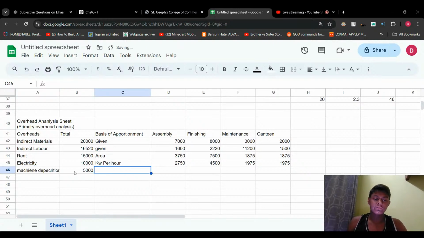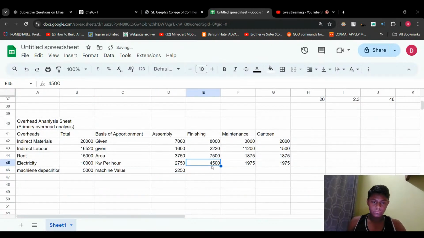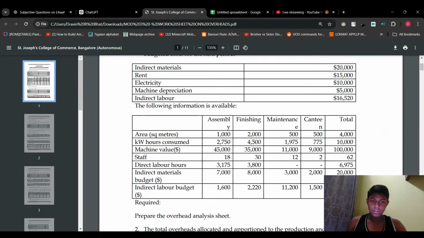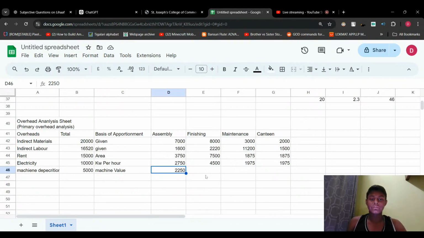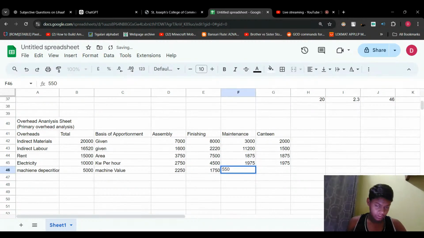The assembly value would be 2,250. Reason being, 45,000 divided by 100,000 gives a value, and you multiply it with 5,000. You will get the appropriate value. 1,750, 550, and 450.